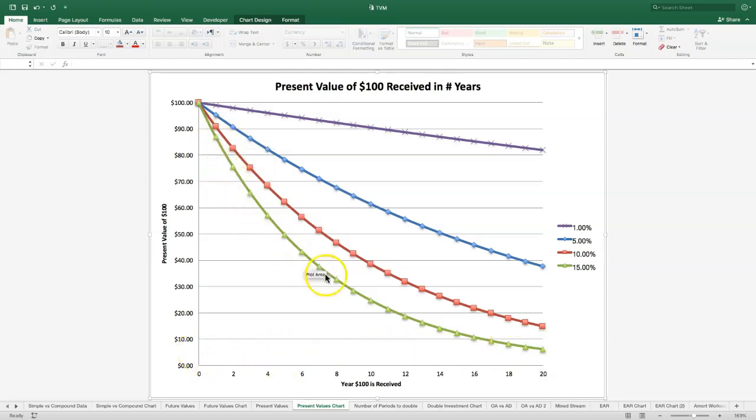The higher the interest rate, the more we see that exponential decay. And the lower the interest rate, this is not really a flat line, just our eyes can't really pick up that there's a slight curve to that line. We can barely see that exponential curve at 5%, but it really shows up at the 10% and 15% levels. So to summarize, the higher the interest rate, the lower the present values.